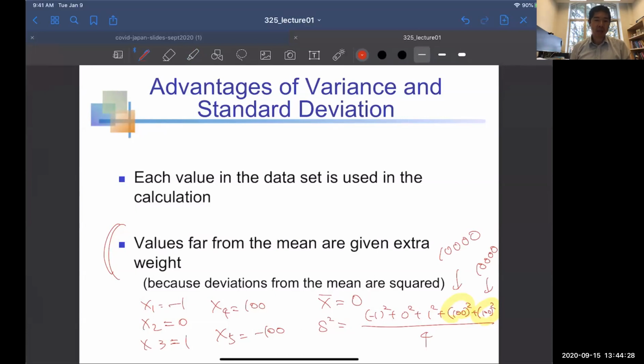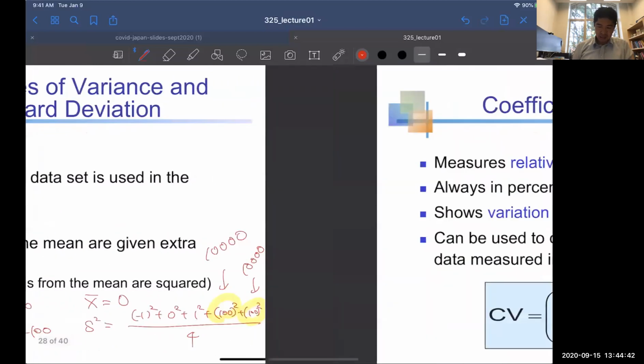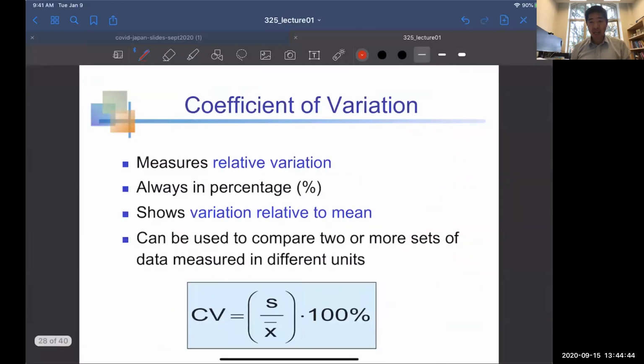That is the sense in which variance, as a measure of variability, is sensitive to outliers. So that's a disadvantage.